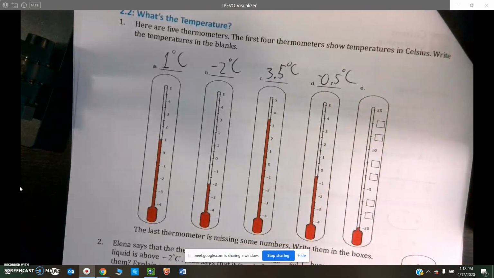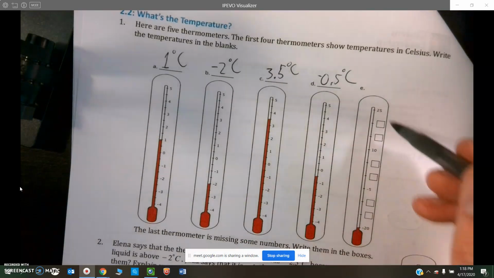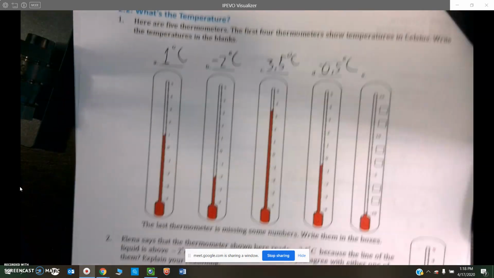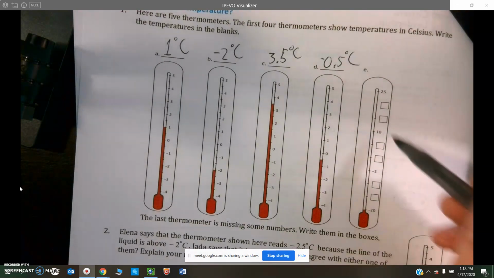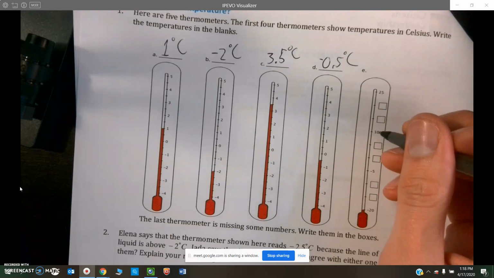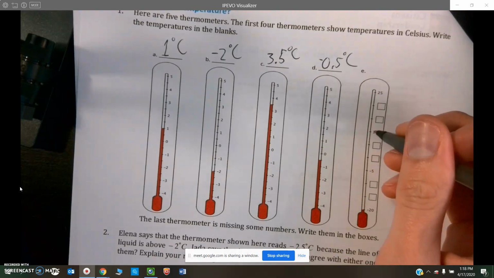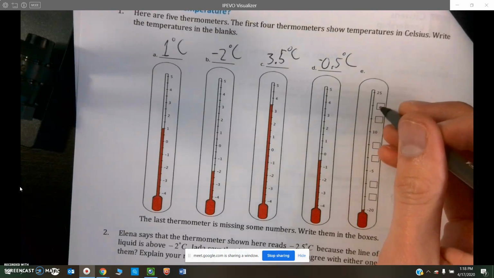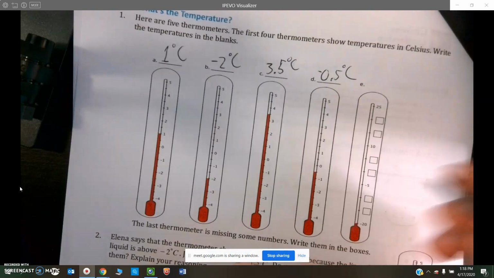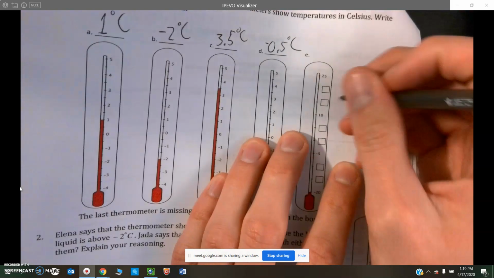So now here, to fill out E, we need to understand what the intervals are. So how much space is in between each number. So if this is 10, blank, blank, 25: 10, 15, 20, 25. That means it's probably counting by 5s.